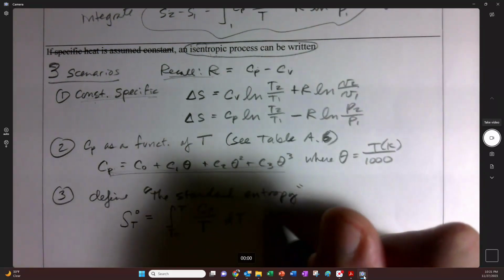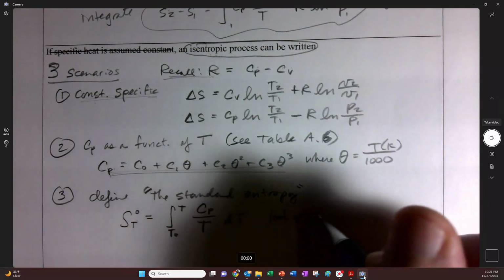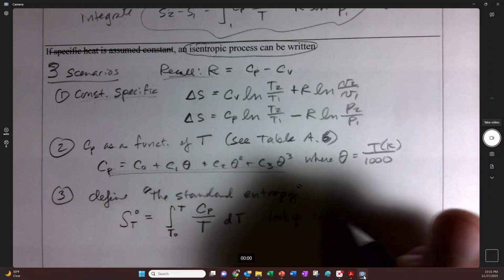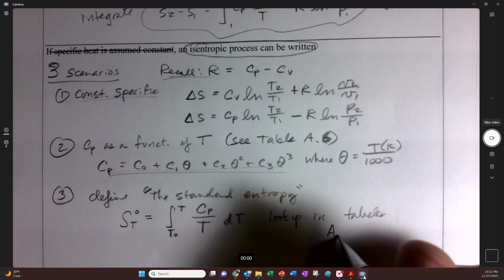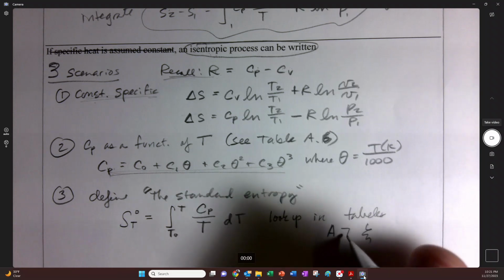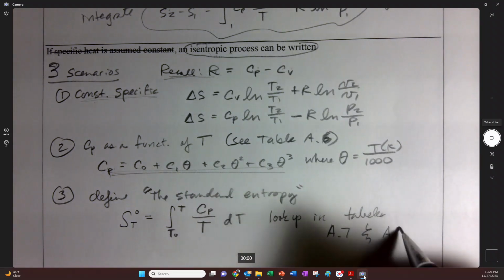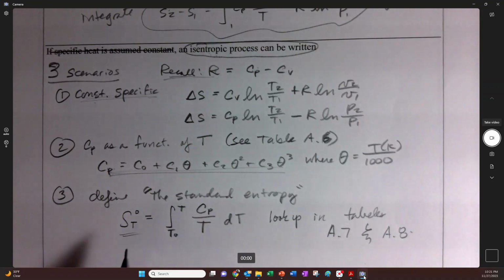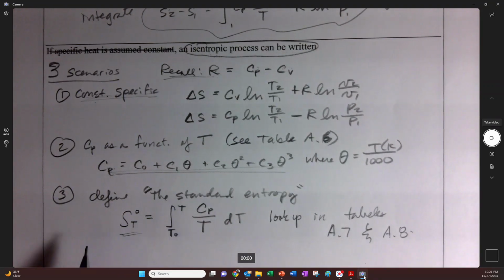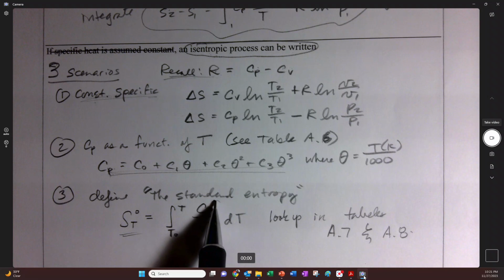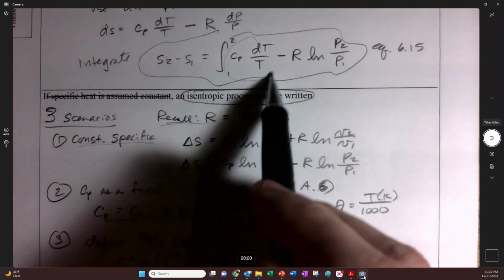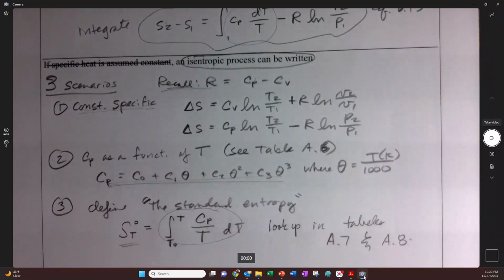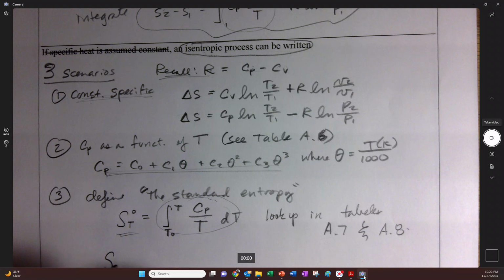Well, you can look this up in tables A.7, which has a bunch of subtables, and A.8. You might have noticed that was in there, but what you do now, instead of doing this integral, you can replace this thing right here with this equation right here.